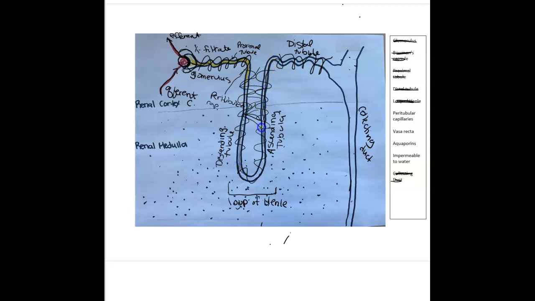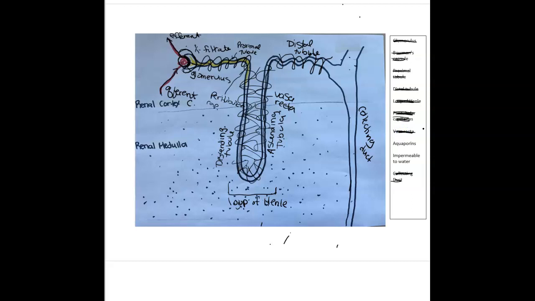This network of capillaries around the loop of Henle, we call that the vasa recta. So it's the same idea as the peritubular capillaries. It's just that they're around the loop of Henle. So we have peritubular capillaries, we have vasa recta.